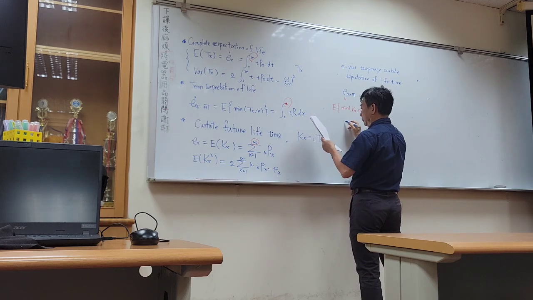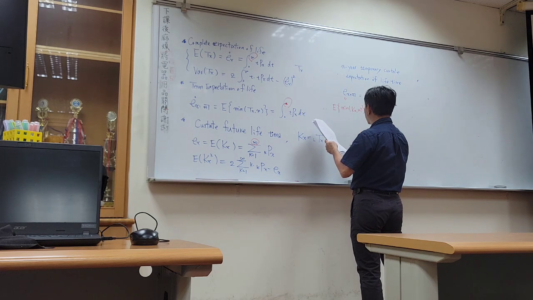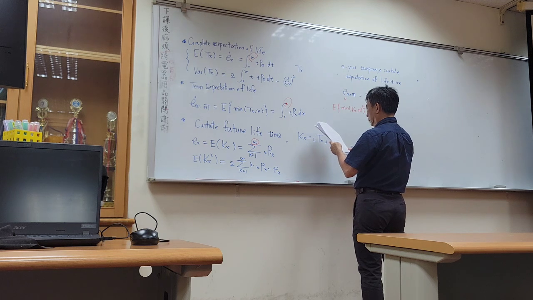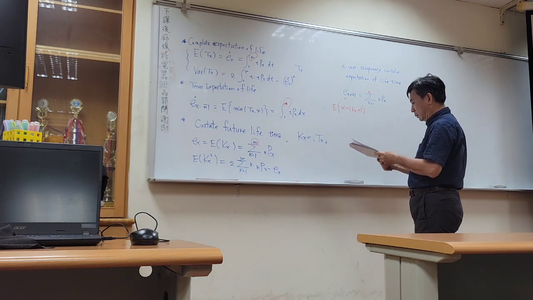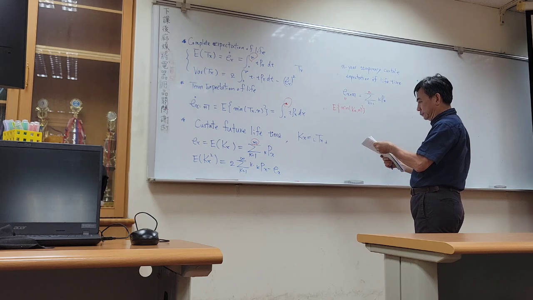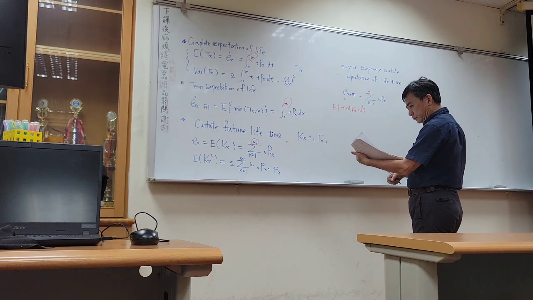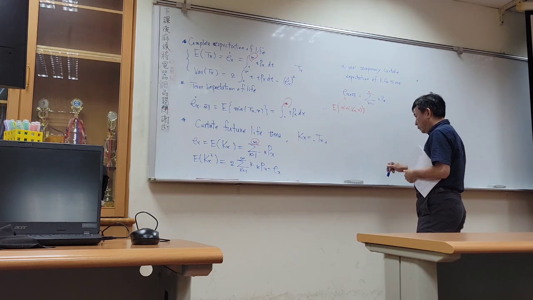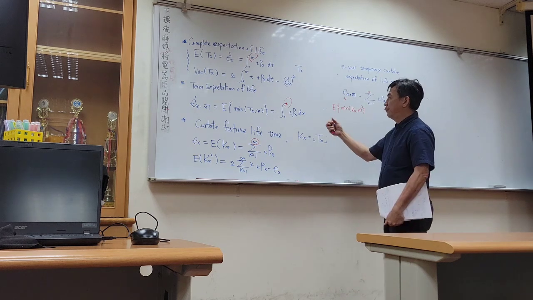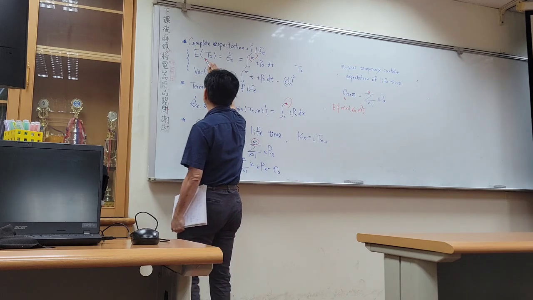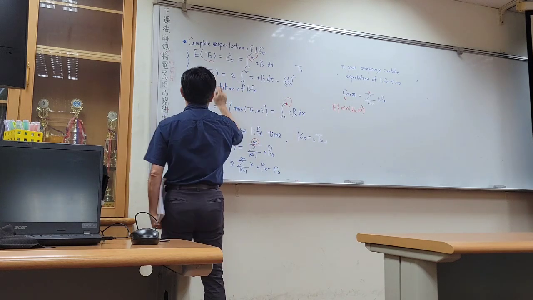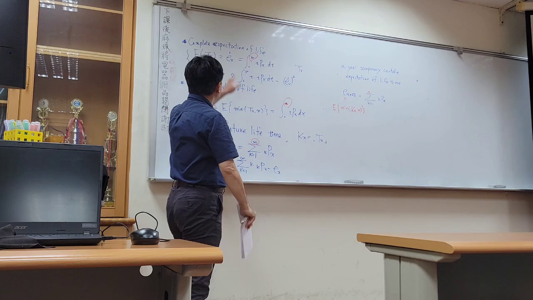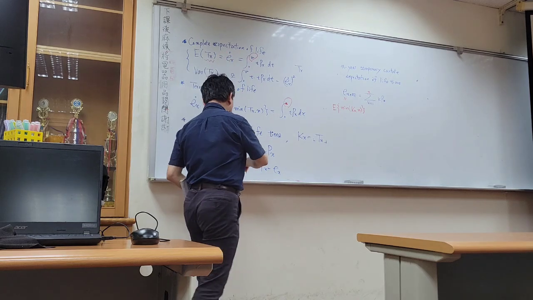Okay, that's pretty much it. Basically we want to find the mean and variance for the lifetime, where the complete expectation of lifetime is the first.